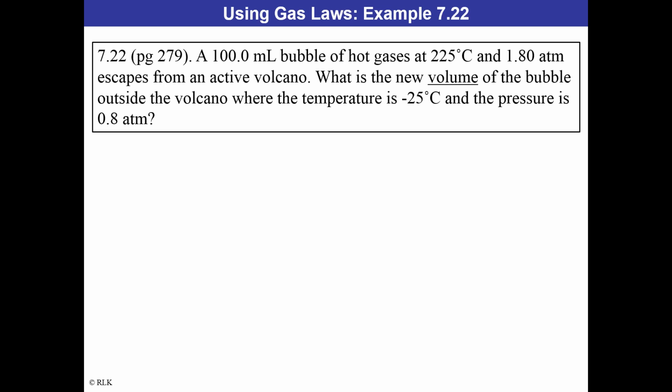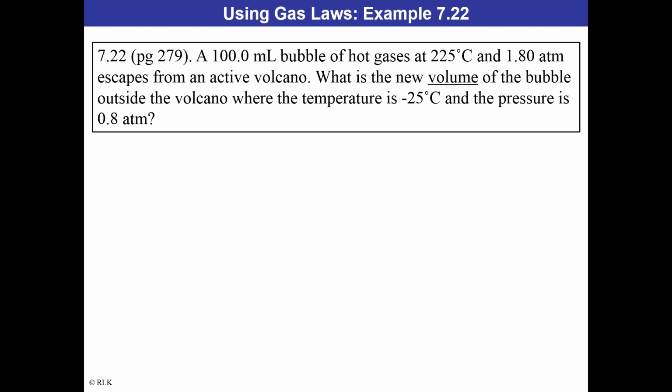And although normal atmospheric pressure would be 1 atm, here the pressure is a little bit greater, almost twice as much. So what we're looking at here is trying to determine the new volume of the bubble, knowing that you have pressure and temperature already measured for those final conditions.